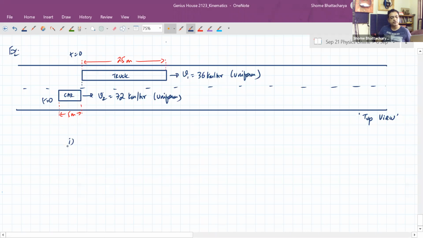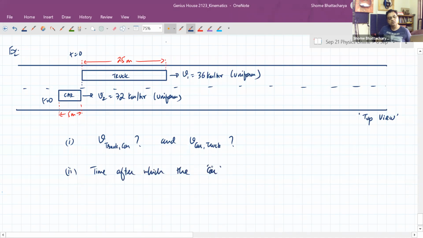So we have to first of all find the velocity of the truck as seen by the car and the velocity of the car as seen by the truck. We have to find the time after which the car has completed overtaking the truck.